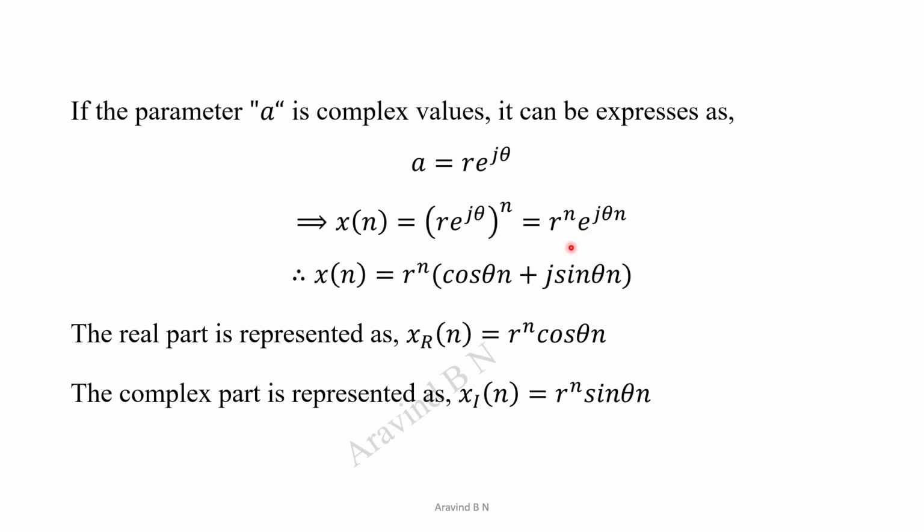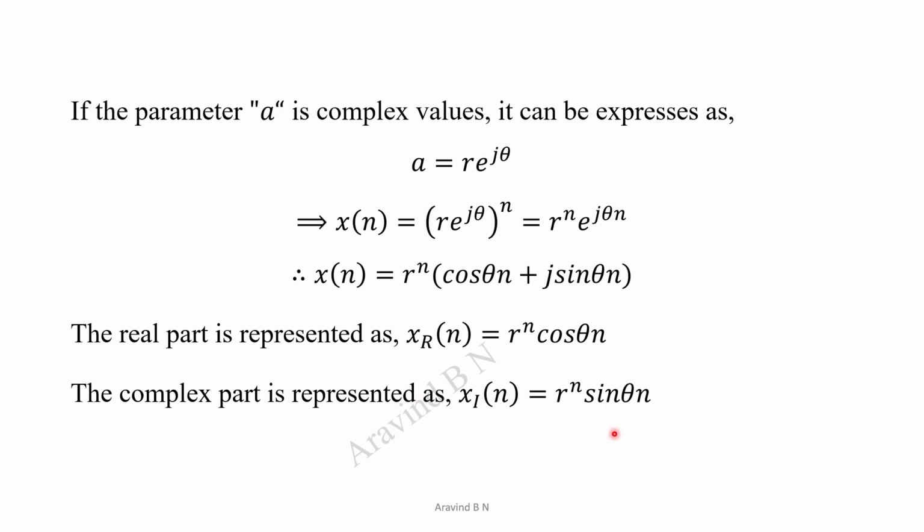Again, retaining r to the power of n and expanding this exponential into sine and cosine format, we get r to the power of n into cos theta n plus j sine theta n. Within this, the real part of the representation is r to the power of n into cos theta n. The imaginary part is r to the power of n into j sine theta n.